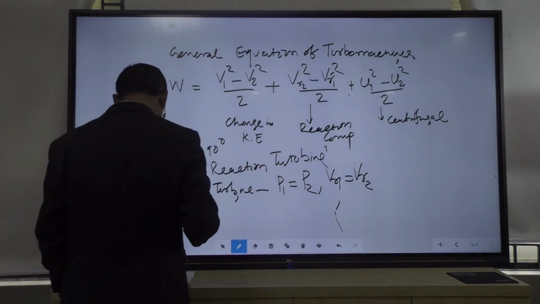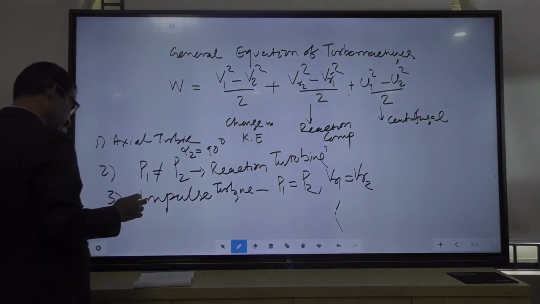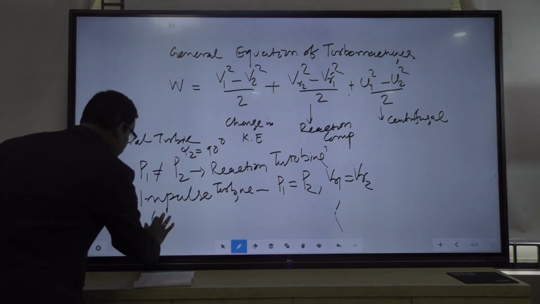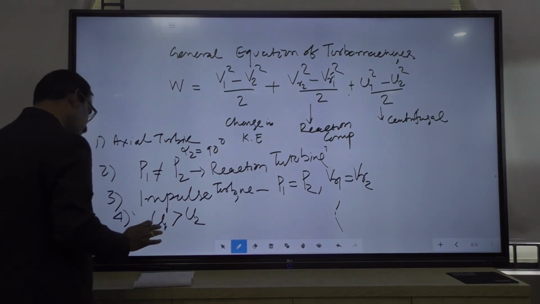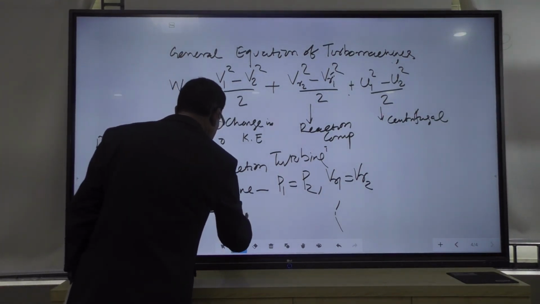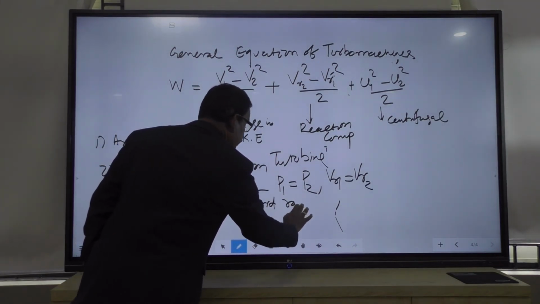Again, this is the radial inward and radial outward. If U1 is greater than U2, then it is the condition for inward radial flow.